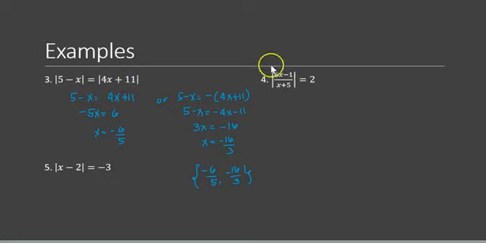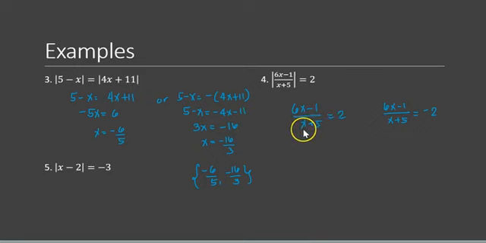Okay. So here we have an absolute value that has a rational expression. So we are going to apply the same thing. Either you have 6x minus 1 over x plus 5 is equals to 2, or 6x minus 1 over x plus 5 is equivalent to negative 2. So we just have to solve for the rational equation.